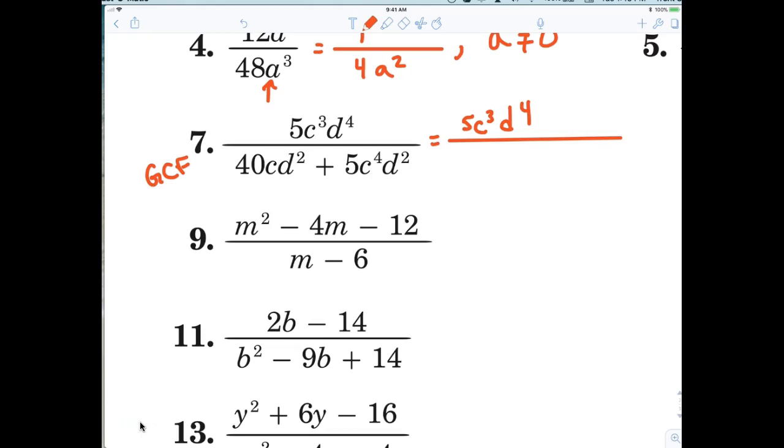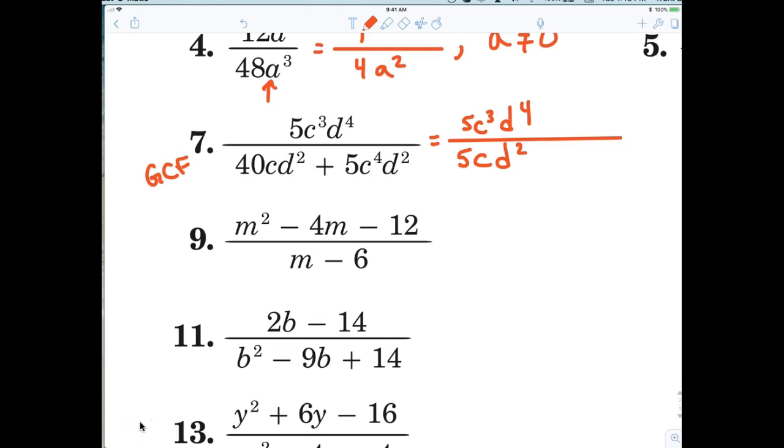So what's common with 40 and 5? 5. What else is common? Come on now. Yes. GCF. We're doing GCF. All right?